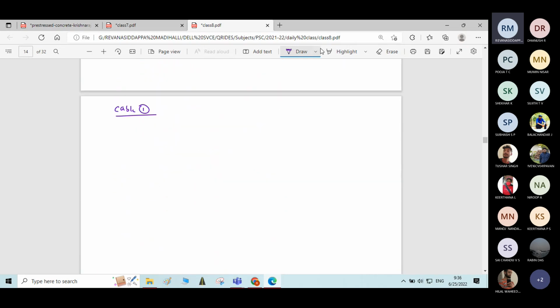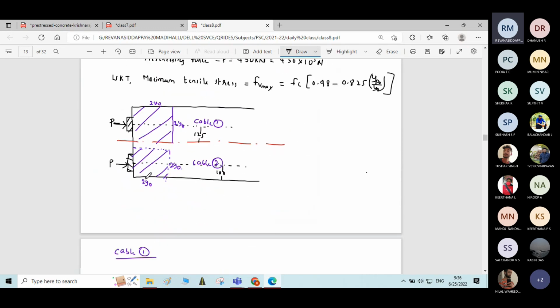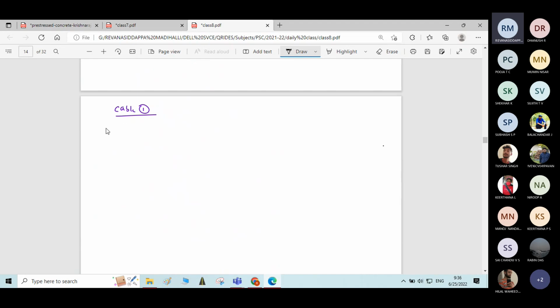For cable 1, the depth of the plate is 100 mm, as given in the problem. That is 2yp0. So 2yp0 is equal to 100 mm, which is the depth of the anchor plate.